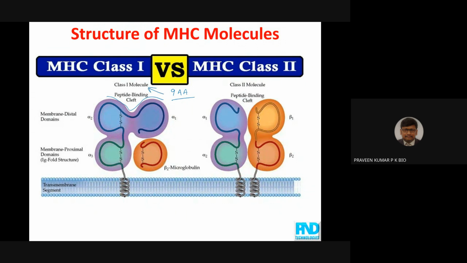Whereas if you see class 2, we have different domains on the surface. The alpha 1 unit is different and the beta 1 unit is different, so you can find a gap here. We have to increase the length of the peptide from top to bottom, like how you paste sellotape.